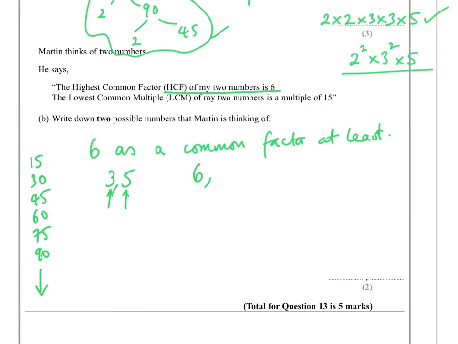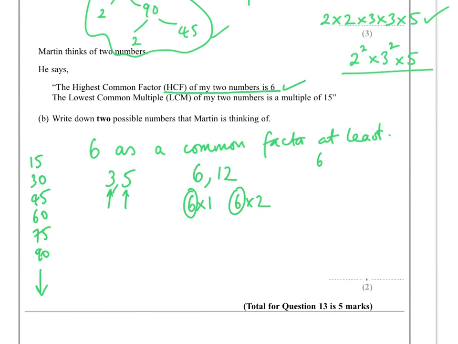And then say you think 12 is the next one. Well, let's try 6 and 12. So does this obey the first rule? Is 6 the highest number that goes into both of those numbers? Well, the highest common factor of 6 and 12, 6 is 6 times 1, 12 is 6 times 2, so yes, it is. But is the lowest common multiple of my two numbers a multiple of 15?